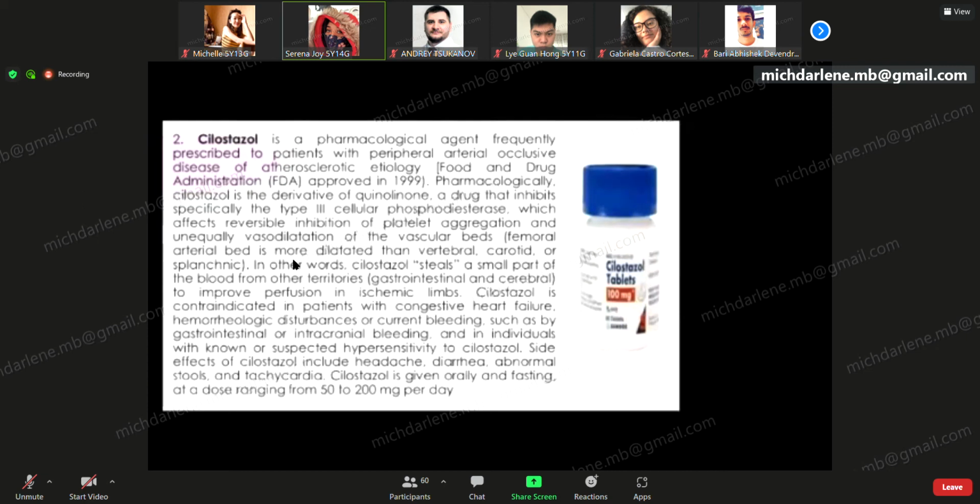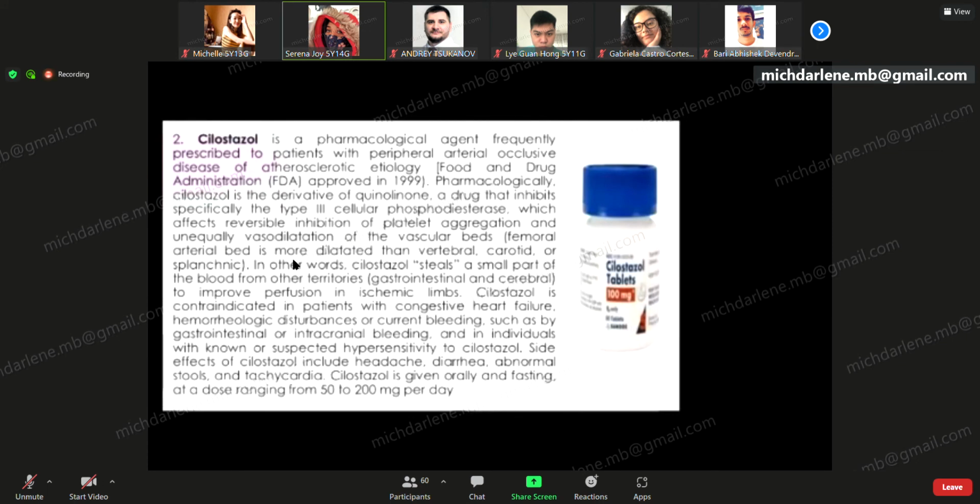In other words, cilostazol steals a small part of the blood from the other territories to improve the perfusion in ischemic limbs.